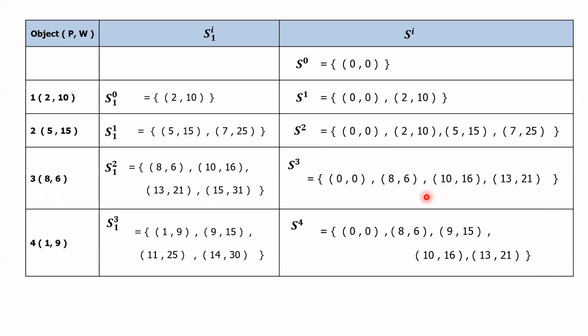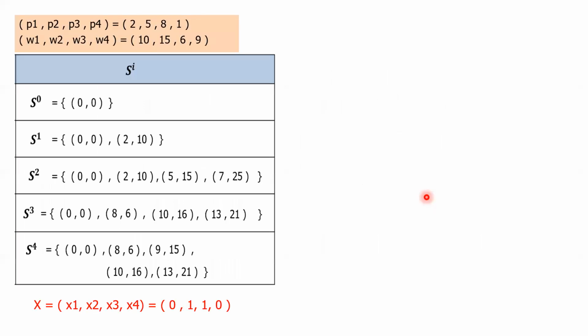For considering feasible solutions, I am performing purging. Right? So these are the 4 sets that I have got. From these 4 sets, I'm going to formulate the solution vector, and the solution vector will be in this format.